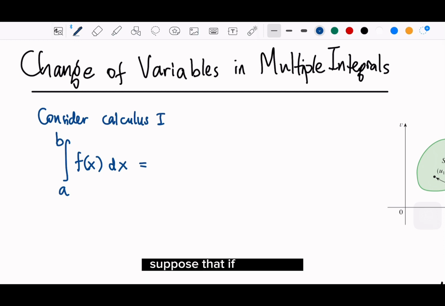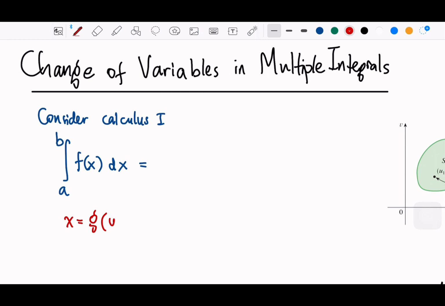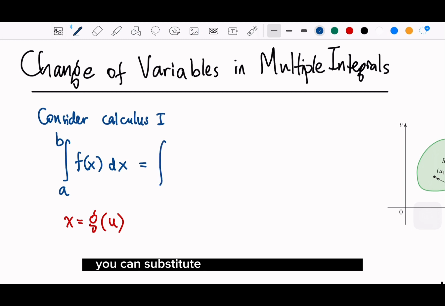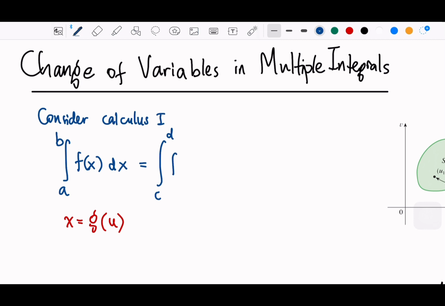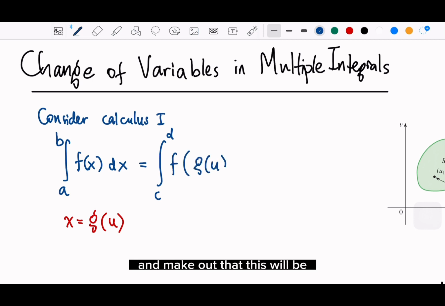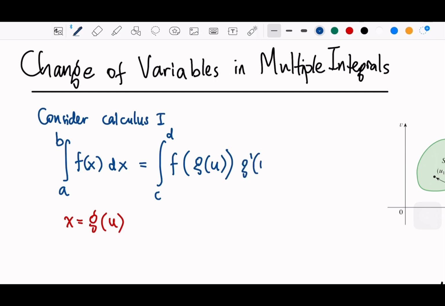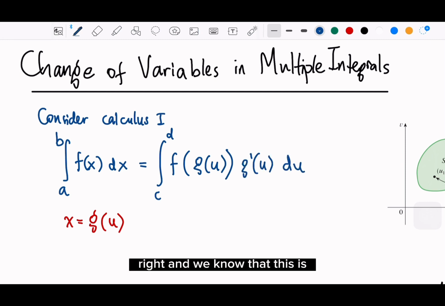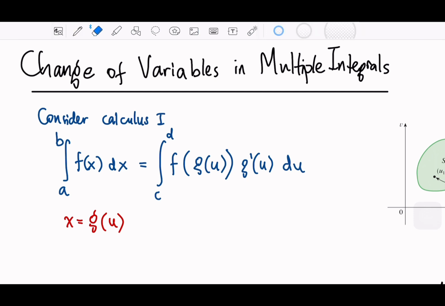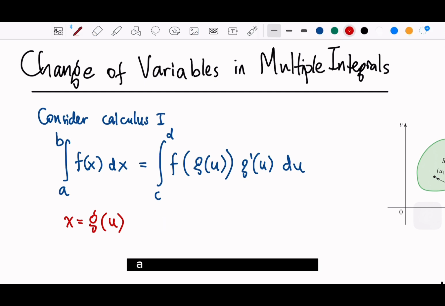Suppose we take x as another function of u, for example, we can substitute and make new endpoints depending on these new substitutions. We know that this is what we call the u substitution. So a is g of c and b is g of d, right?